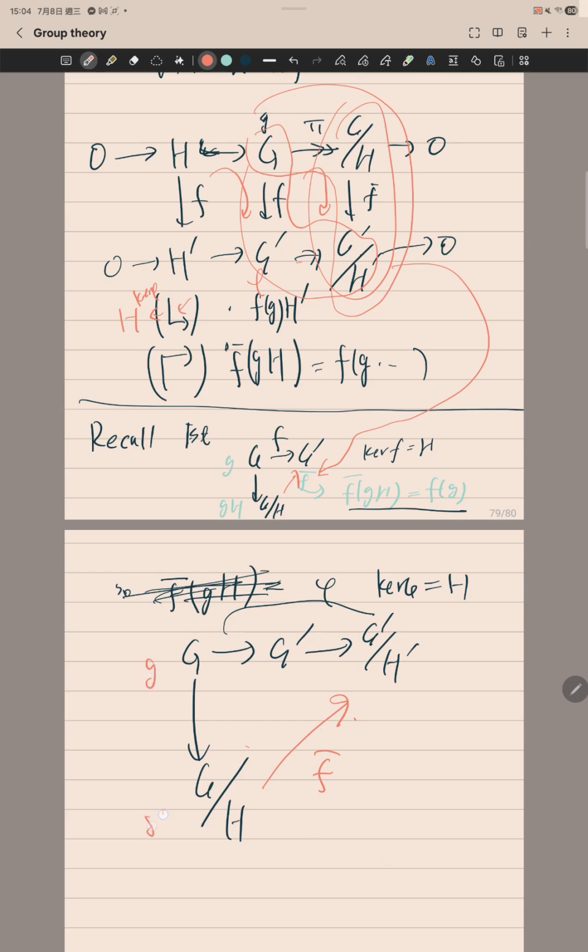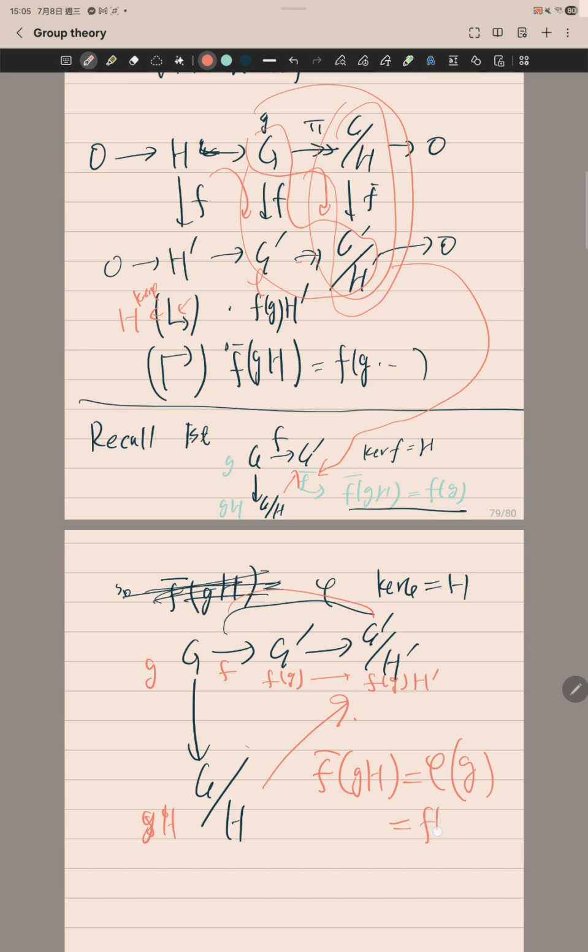So f bar(gH), by this isomorphism theorem, should be defined as phi(g), which is f(g) H prime.